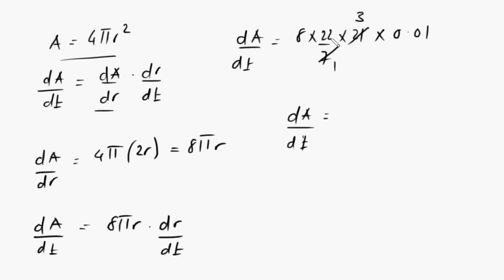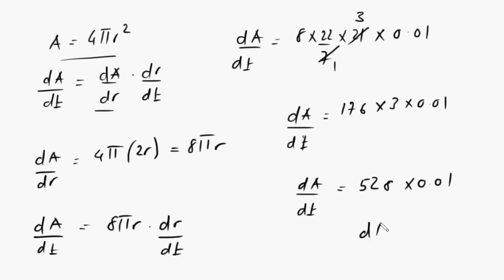This one is just going to be 176 times 3 times 0.01. So 176 times 3 is how much? I don't have a calculator here, so I'm going to do it this way. So it's going to be 8, carry 1, 2, you carry 2, 5 times 0.01. So the dA/dt is just going to be equal to 5.28 meters squared per second.